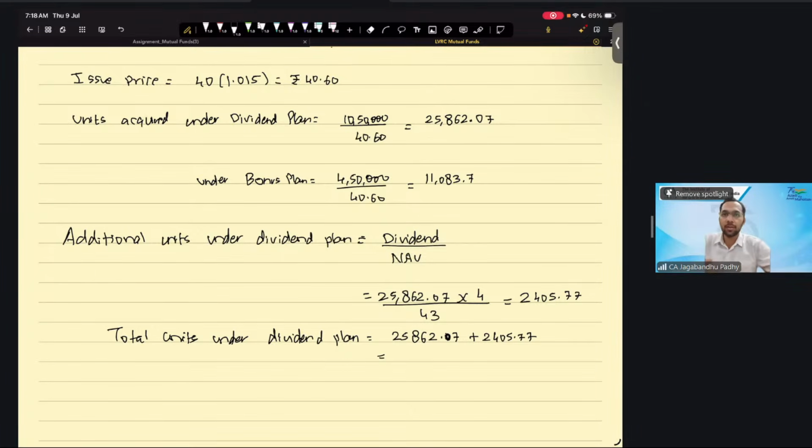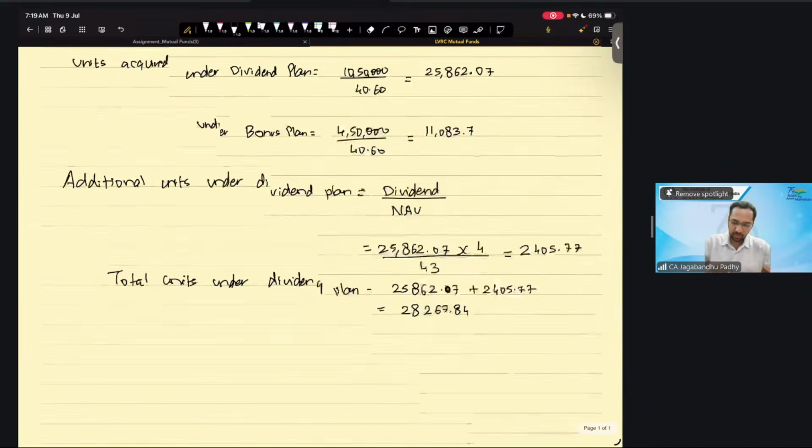So total it is 28,267.84. That's the total units under the dividend plan.